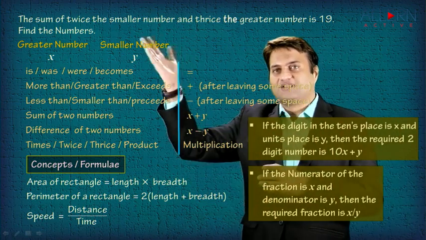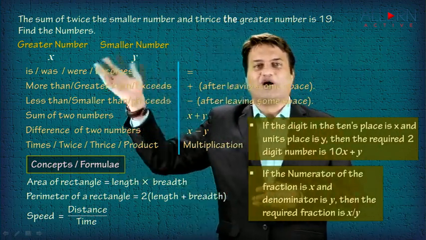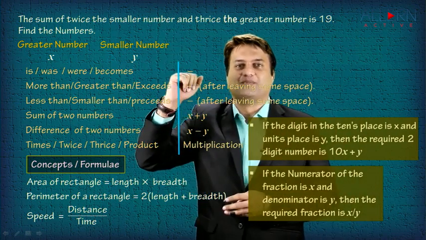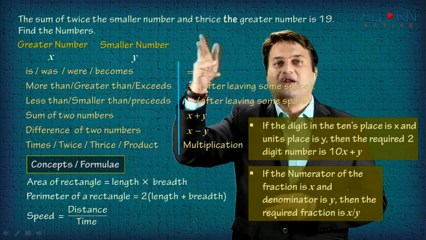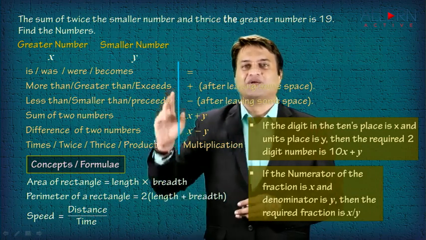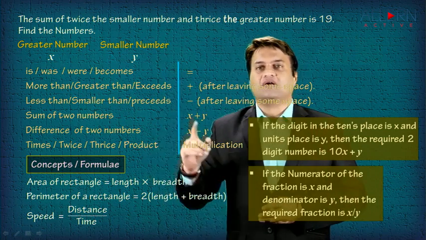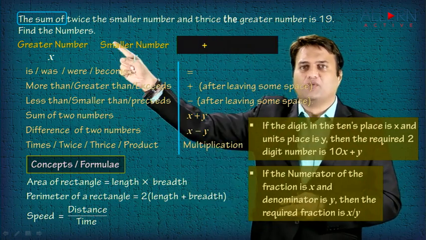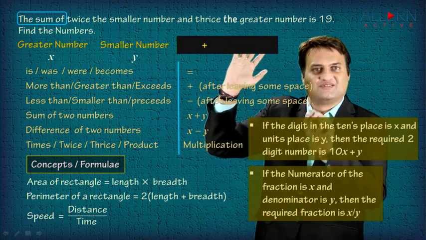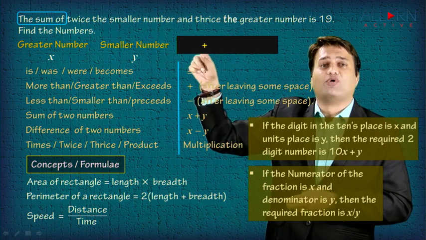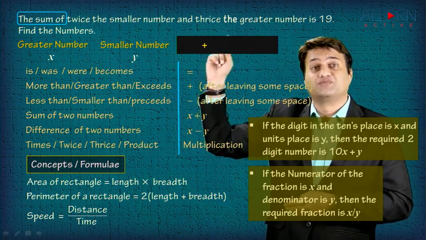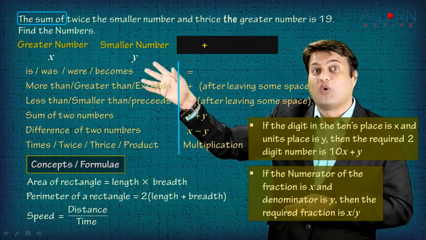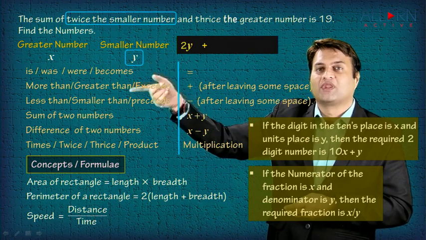Now see, let's form the equation here. Let's see how to apply these rules, how to convert this English statement into a mathematical equation, right? Now see what is given here: the sum of, when I say sum it is plus. So the moment you see sum, write a plus. Twice the smaller number, that is 2 into the smaller number, which is y, so you write 2y.